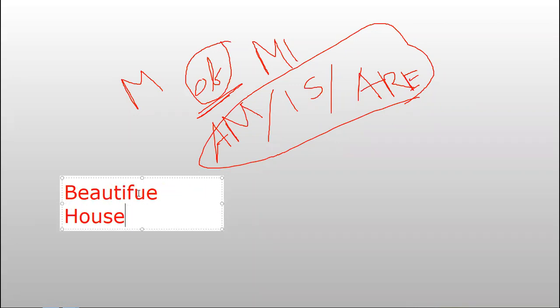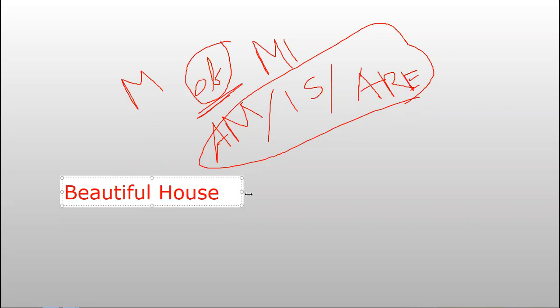And we know that to make an ism-based sentence, we need am, is, or are. Like if I say beautiful house, beautiful house is a fragment, not a complete sentence.